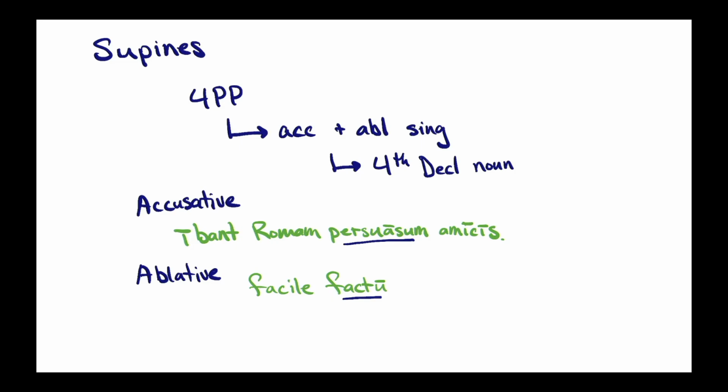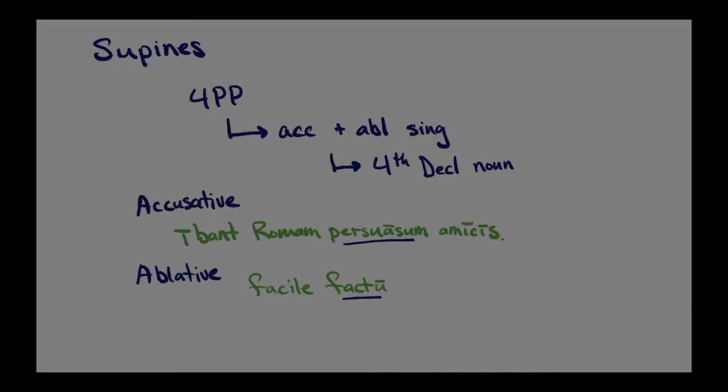That's because the ablative is used with the neuter of certain adjectives to indicate in what respect something is applicable. So again, your supine, fourth principal part, accusative and ablative singular as a fourth declension noun. The accusative, verbs of motion to indicate purpose. The ablative, used with the neuter of certain adjectives to indicate in what respect something is applicable or is happening.